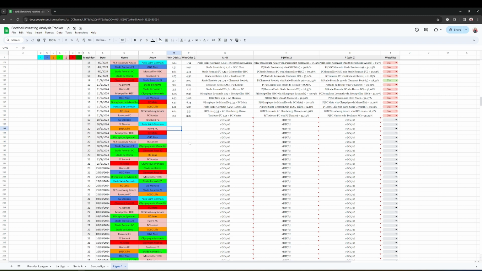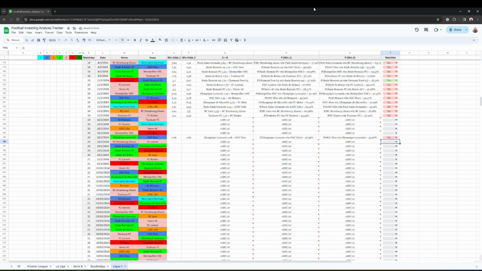Lyon against Nice. I have Nice in the higher category, but Lyon is performing very well recently. The market doesn't know what to do. They have both teams even, Lyon playing at home. I do agree with that.